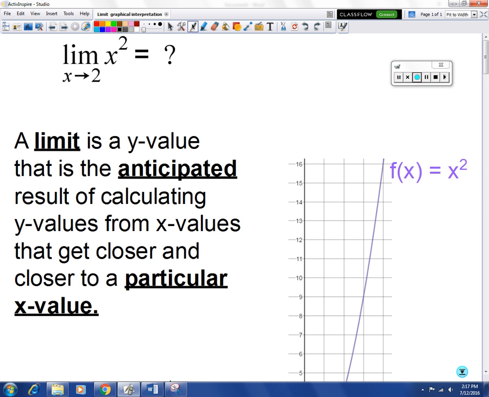So let's go up to what I had. I had this highlighted a minute ago. The LIM, as you can imagine, is just an abbreviation for the word limit. Our function is x squared. That's what we're going to be substituting into.